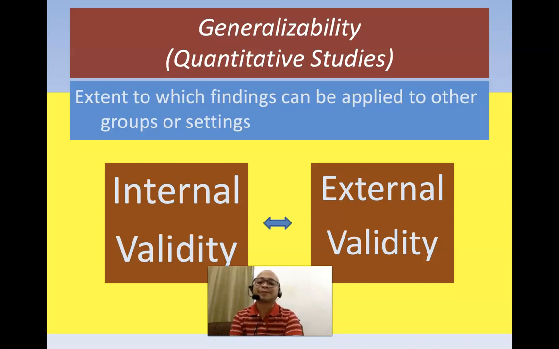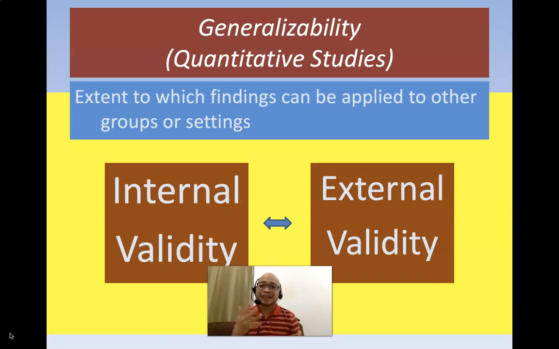So let's talk about the internal validity versus the external validity. So what do we mean by internal validity and what do we mean by external validity? So when we say internal validity, internal validity refers to the degree of confidence that the causal relationship being tested is trustworthy and it is not influenced by other factors or variables.